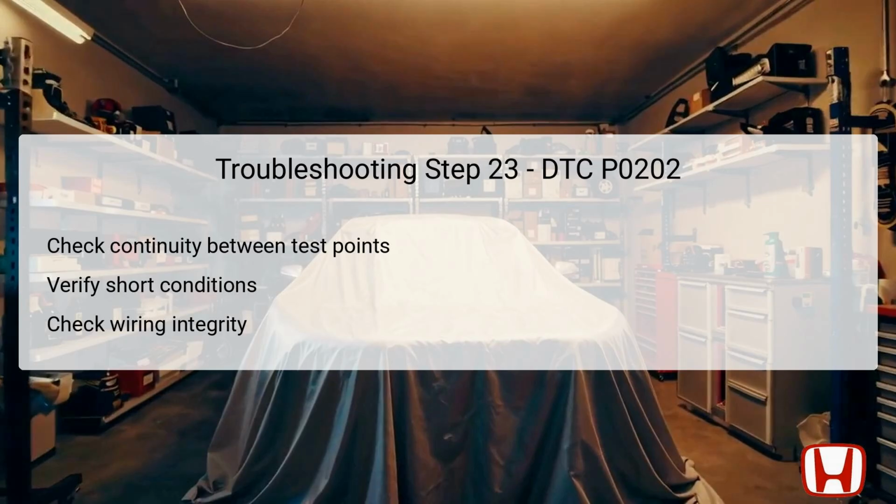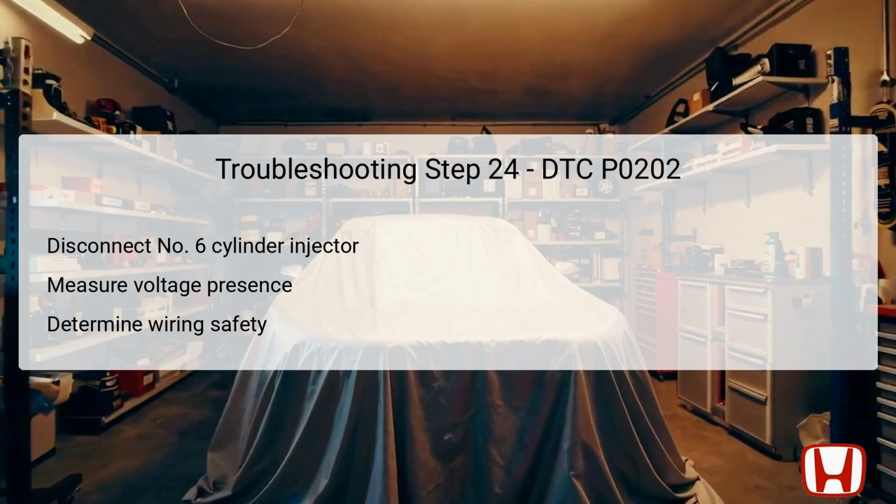In the final step, 24, you'll disconnect the number 6 cylinder injector 2P connector while maintaining the system in the off position. After it's isolated, the vehicle should be turned to the on mode to measure voltage between the injector control module connector B, 6P, number 2, and a body ground.